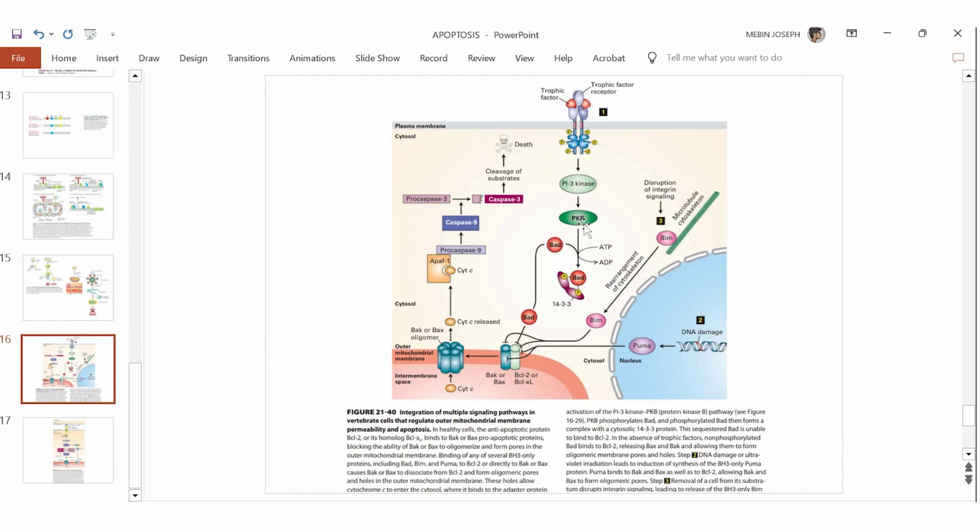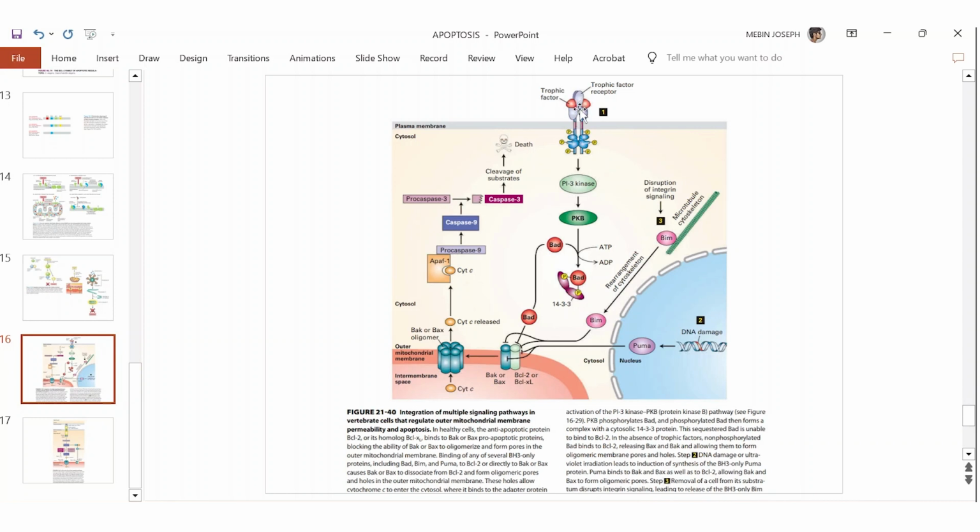Whenever the growth factor is present, our PKB, protein kinase B signaling, will be activated, and this protein kinase B phosphorylates our BH3 family protein called BAD, and phosphorylated BAD is always captured by a 14-3-3 adapter protein. So in the presence of growth factor, the cell will never try to kill itself by the intrinsic mechanism.